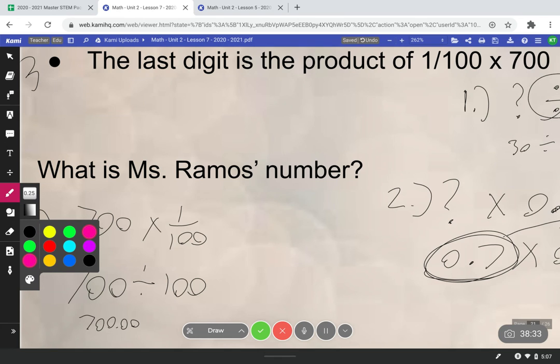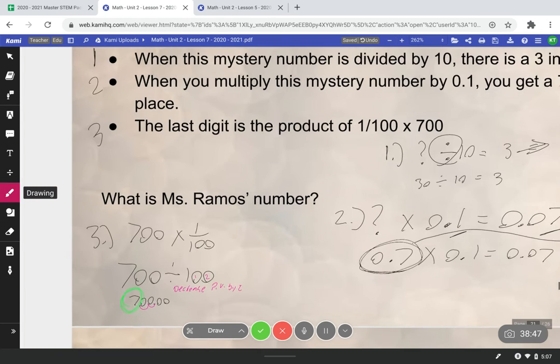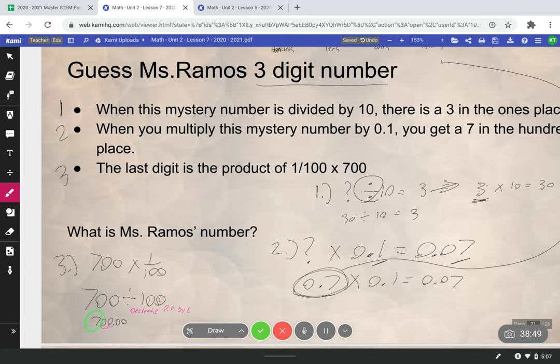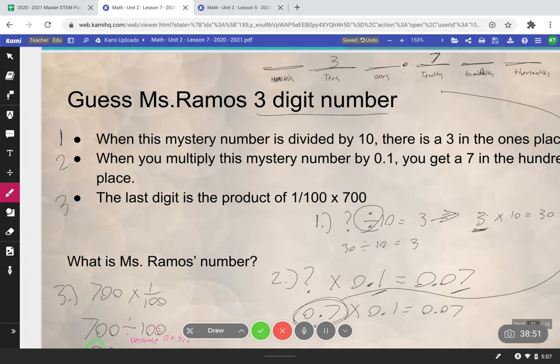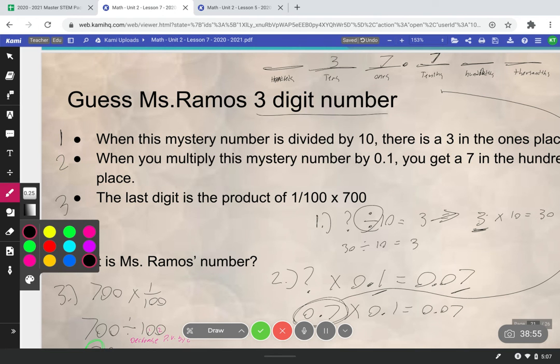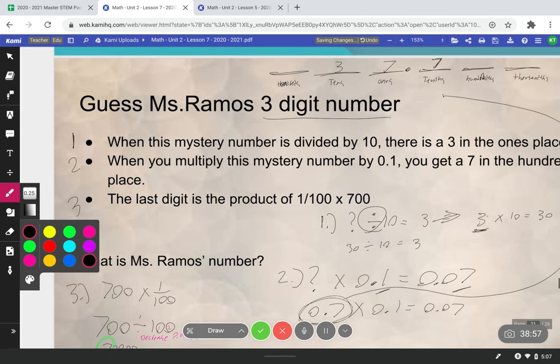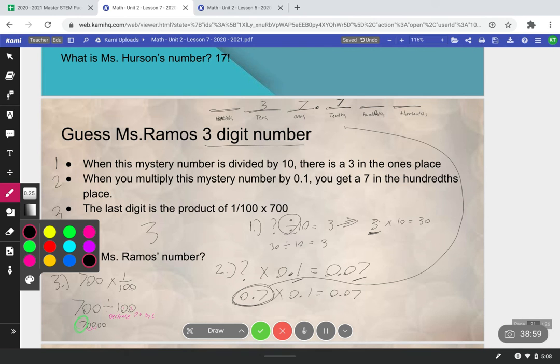When I decrease my place value, I move the decimal point to the left. So I have a 7. So a 7 is our final component or our final digit of the mystery number. So let's put that in there. So for our final answer, we should get 37 and 7/10.